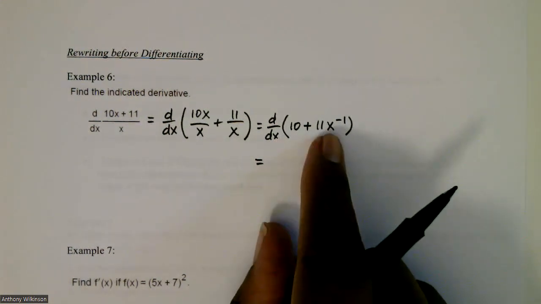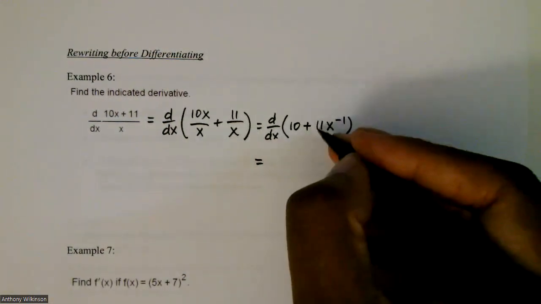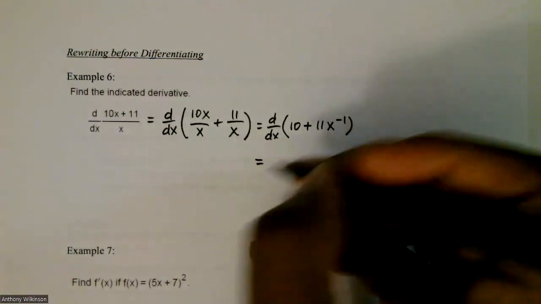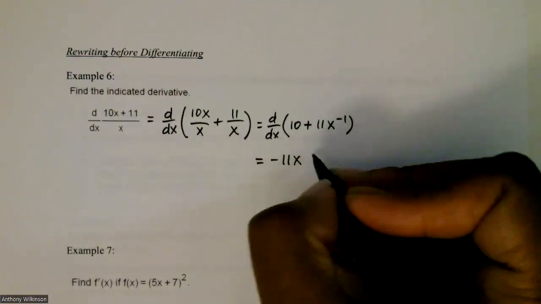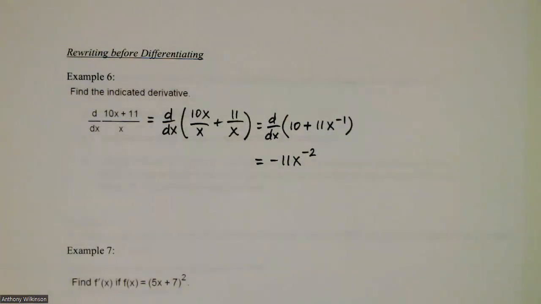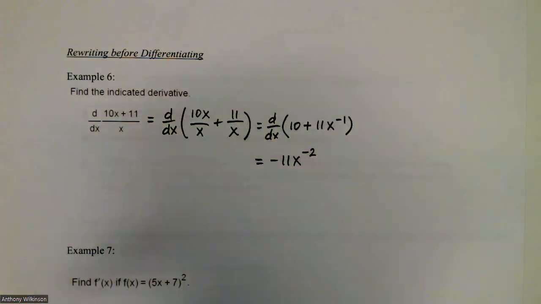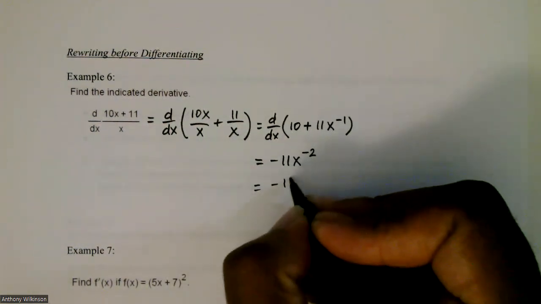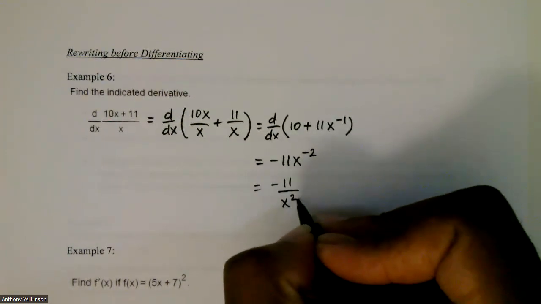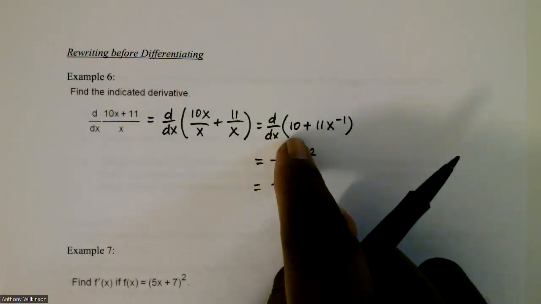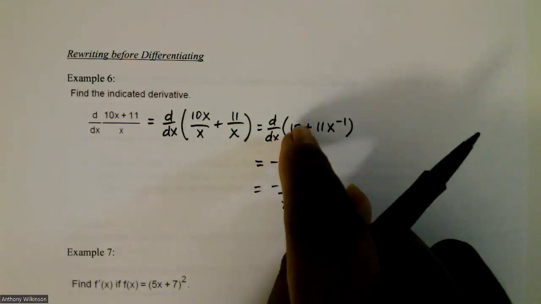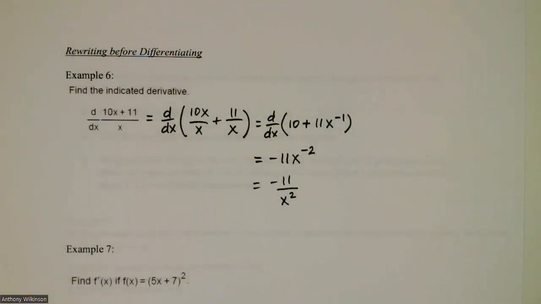The derivative of 11 x to the negative 1, if I bring this exponent down, negative 1 times 11 will be negative 11, and then x to the negative 1 minus 1 will be negative 2. And I can write this as negative 11 in the numerator, and then x squared will be in the denominator as x to the positive 2. And keep in mind, the derivative of 10, the derivative of any constant is 0. Keep that in mind.